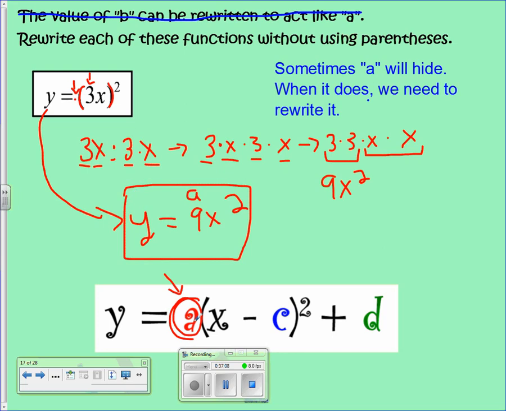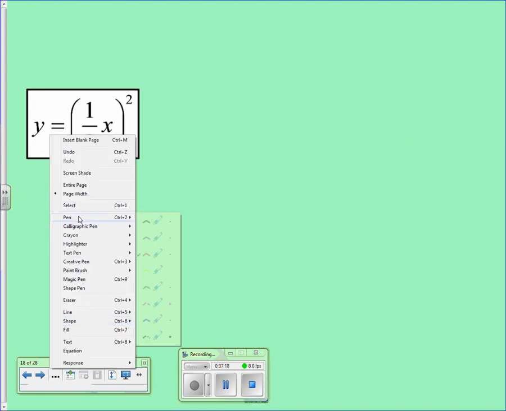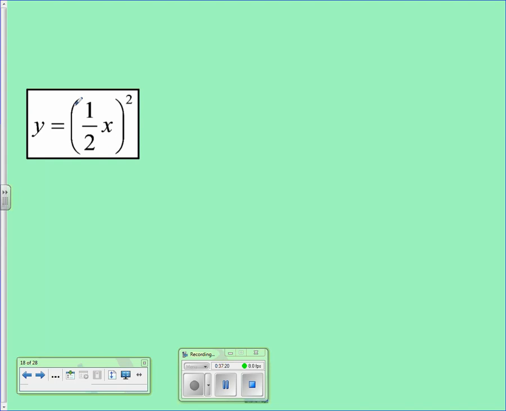That may not have made sense to you. Let's go ahead and do another one. 1/2 x in parentheses squared. Let me change colors for you. Okay, so again, I know I need my a value out front, but it's not, so I need to go ahead and take it out of hiding. Okay, and again, whenever we square something, we just multiply it by itself.